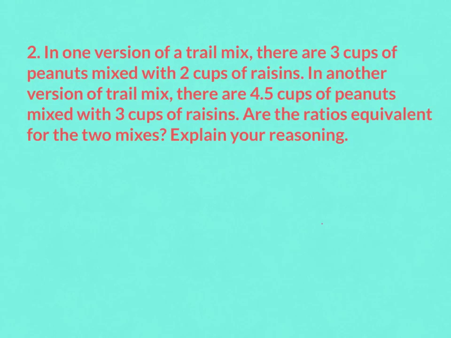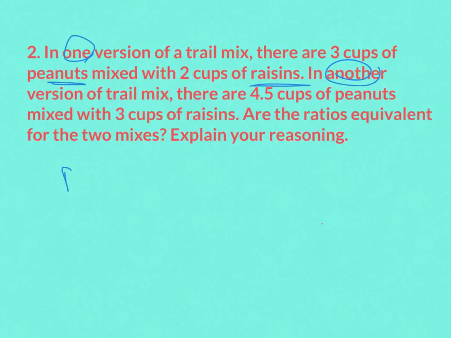Got that? The next problem that we had to do, number 2, we're looking at trail mix. And this trail mix is comparing peanuts to raisins. I only have 2. I've got one version and another version. So I'm going to use all those words because I like to use words first when I set up these proportions.